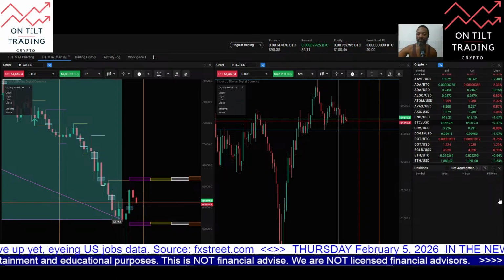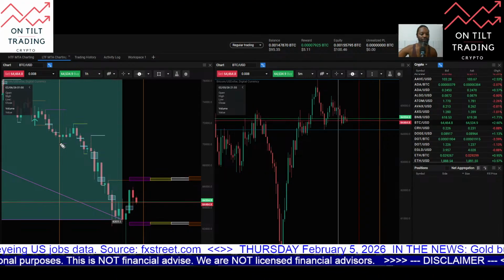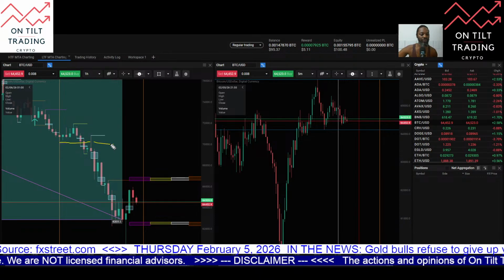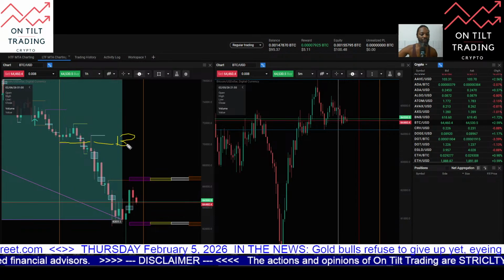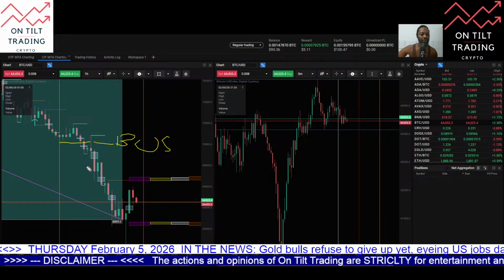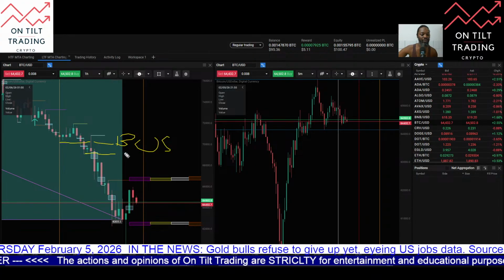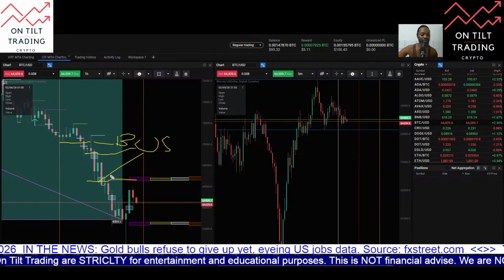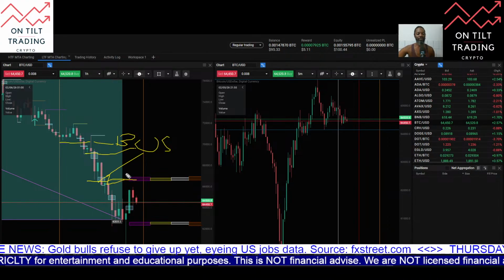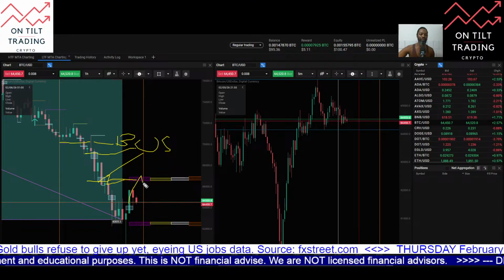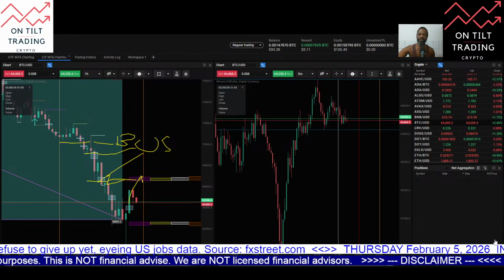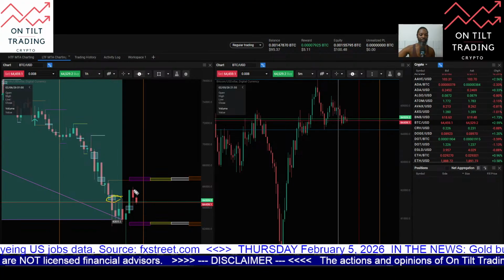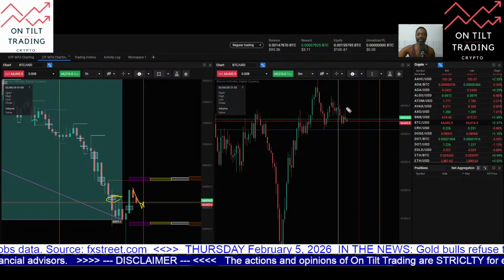But you can see there's a series of breaks of structure here. There's a break of structure here, here, and there. So a series of breaks of structure, and then we're getting pulled back into this bearish gap, and price redelivering to the sell side.